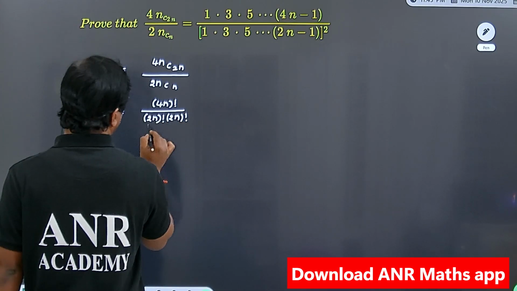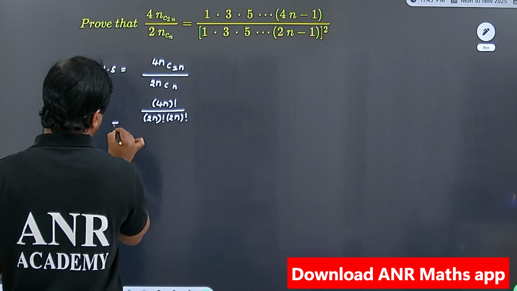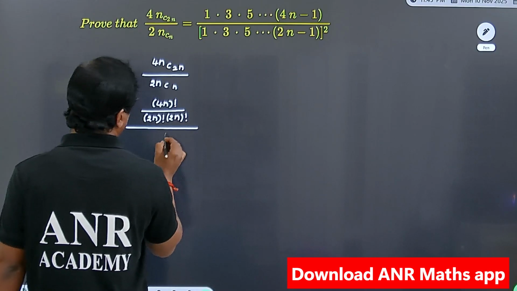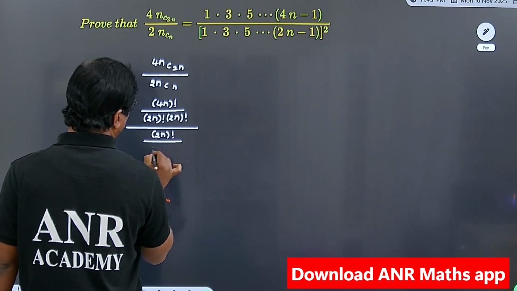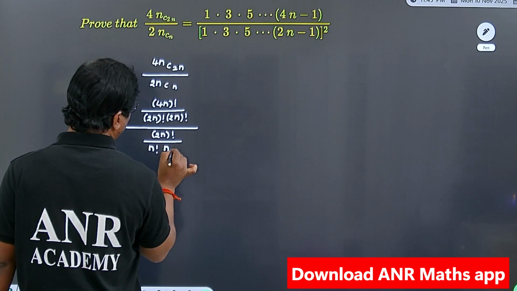Next, it is divided by 2n C n value, 2n factorial divided by n factorial into n factorial.